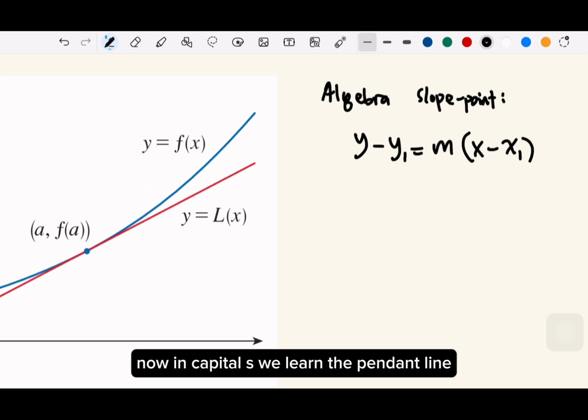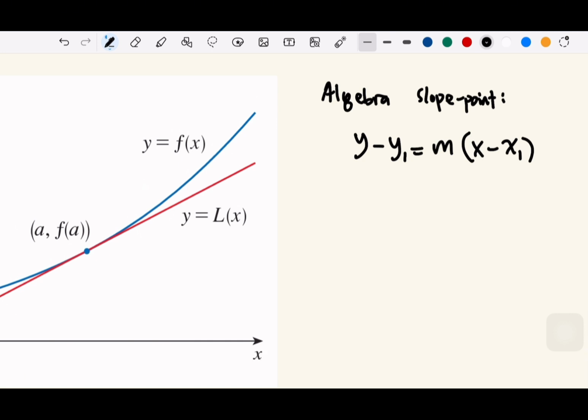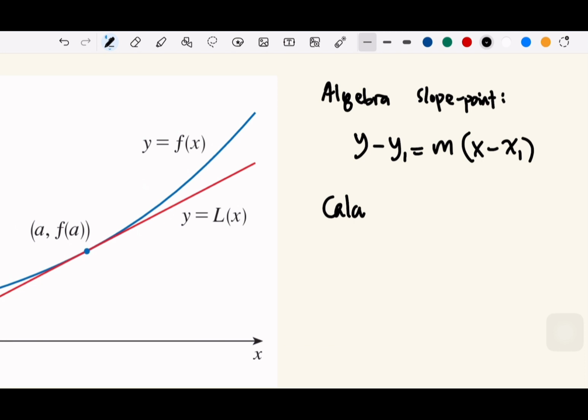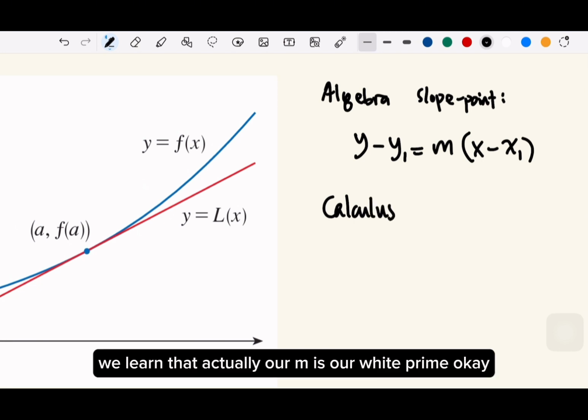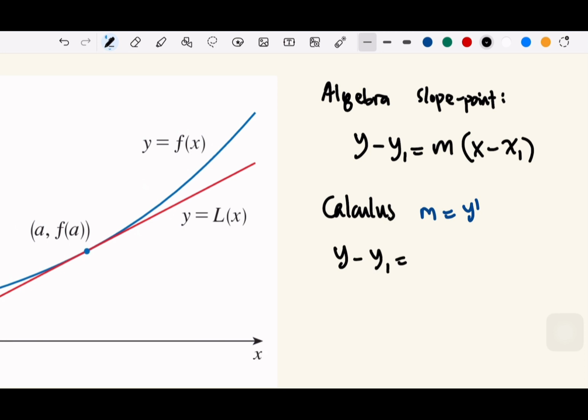Now in calculus, we learn the tangent line, which is actually the same structure as our slope point form. We learned that actually our m is our y prime. Okay? So we can write this as y.